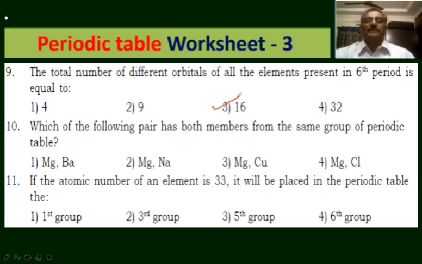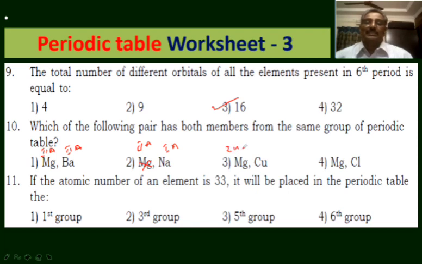Which of the following pair has both members from the same group of periodic table? Magnesium and barium. Both of these belong to second A group, or second group. Here this belongs to second A group and sodium belongs to first A group. This is not the right option.